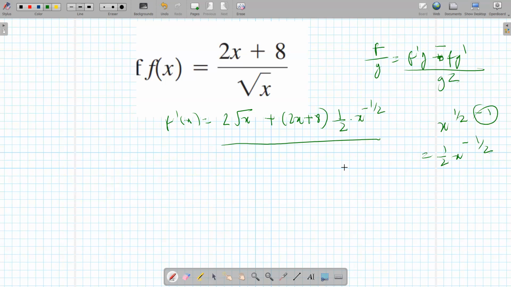If g is root x, what's g squared? We did this earlier, remember? Root x times root x is just x. And there we go, 2 steps.